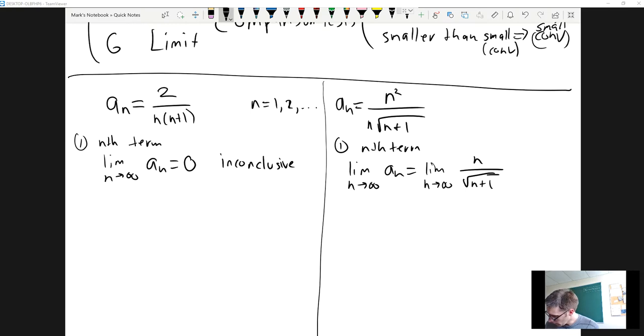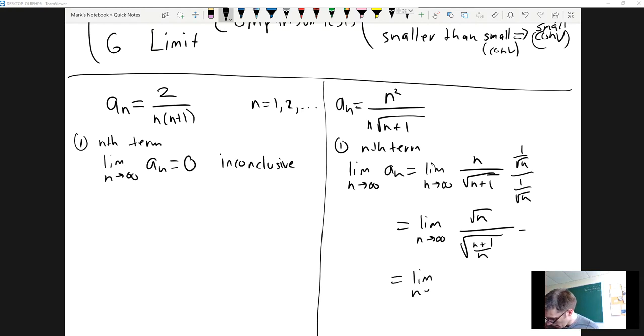But to check that, what we might do is divide by square root of n. And that would give us, on top, n over root n. That is just root n. And on bottom, we'd have root n plus 1 over n, which we can simplify to root 1 plus 1 over n.